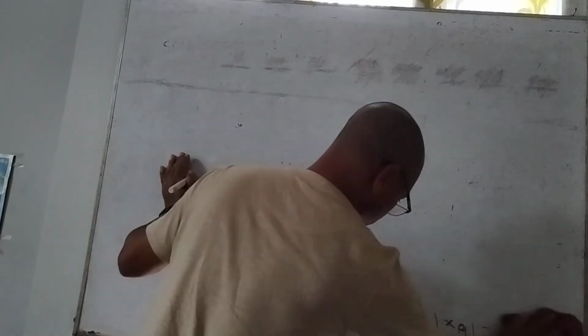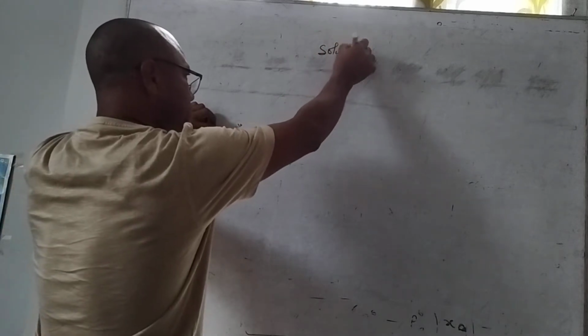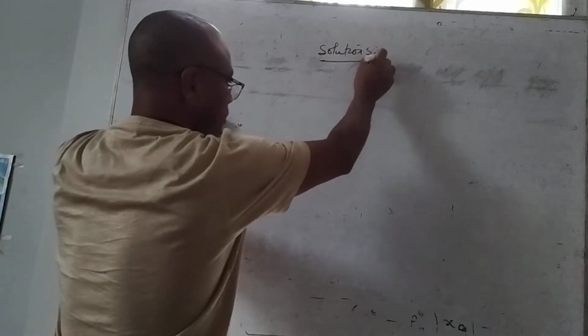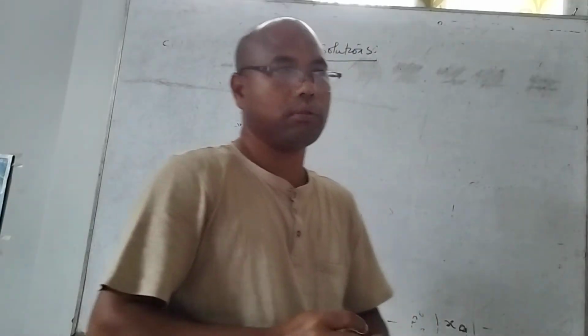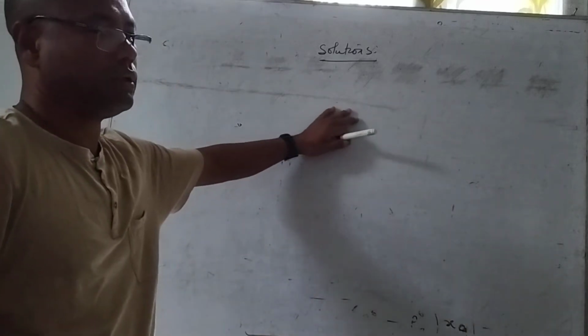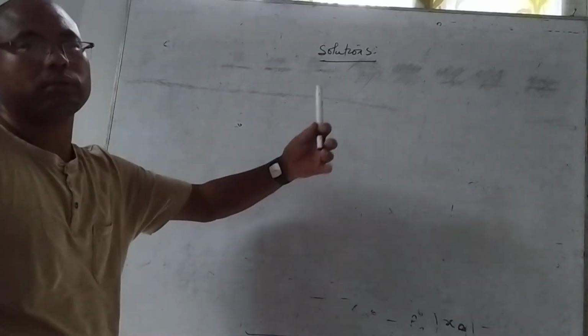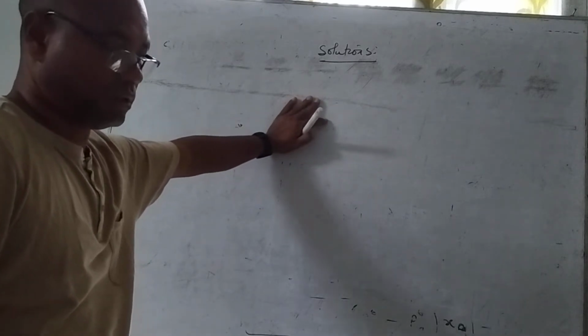Now let's come to the solution. When we are talking about anything, it can be a substance or it can be a person. Here we are talking about the solution.